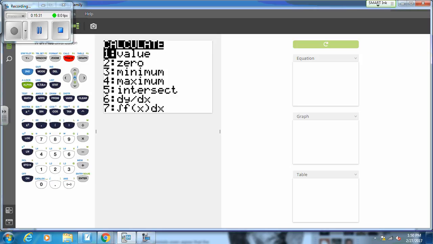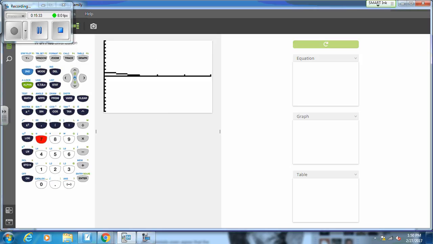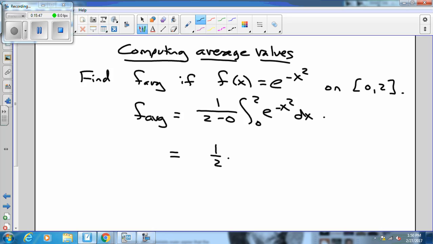And we integrate from 0 to 2. And it gives us a value, 0.8821. And that gives us then 0.441 as the average value.